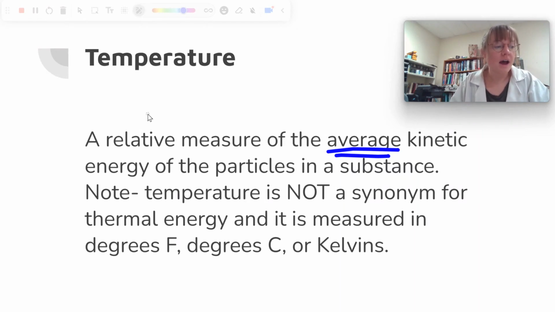If I had an iceberg and a cup of hot coffee, my cup of hot coffee would have a higher temperature. The kinetic energy of the particles in the coffee on average would be greater than the kinetic energy of the particles in the iceberg.